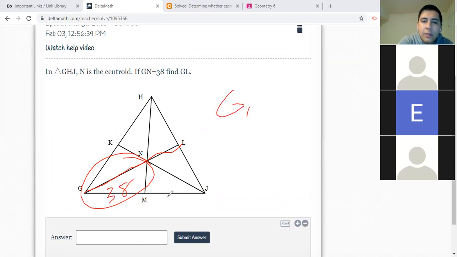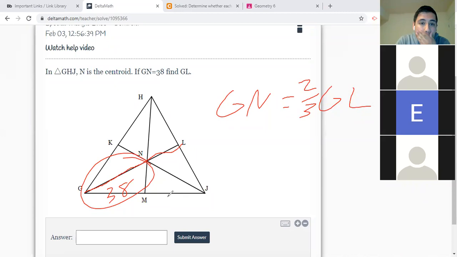So what's the relationship between GN and GL? Is GN the bigger or the smaller part? Bigger. It's a bigger part. So how much of the entire thing does it represent? 2/3.